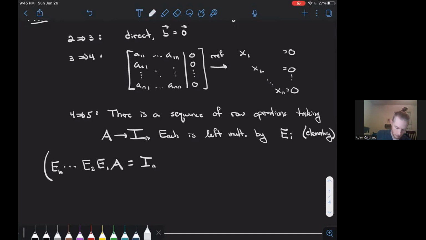But then what we do is we call this product of elementary matrices B. And now this means that BA is the identity.